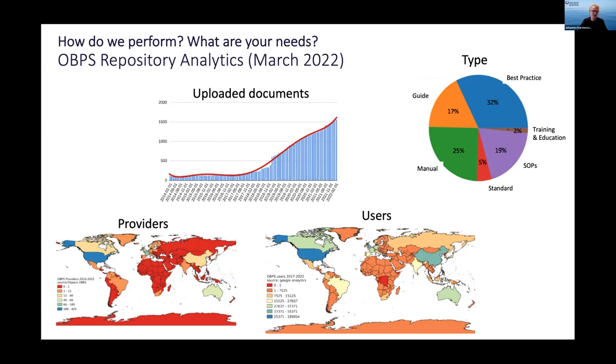And then, of course, we are interested in where the people that provide us material are, where the users of this material are. And you can see from the maps, I don't want to go into the details here, but you can see from the map that there's really a nearly global participation, at least from the user side, not necessarily from the provider side. And we really would like to see more, you know, even your personal best practice related material being published here.